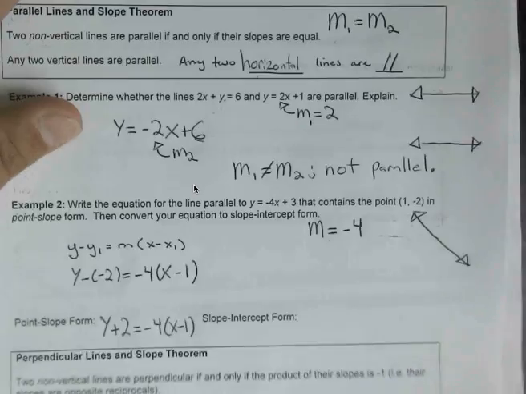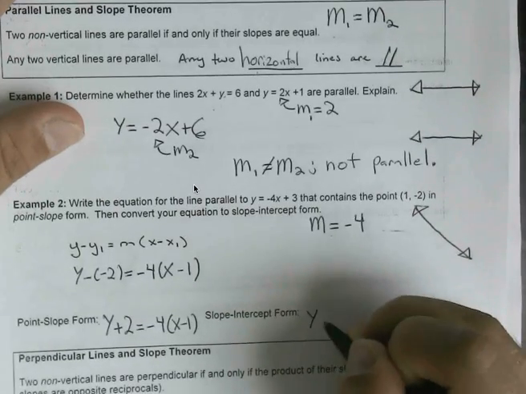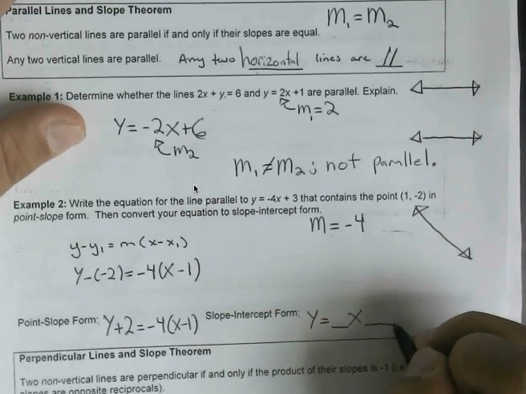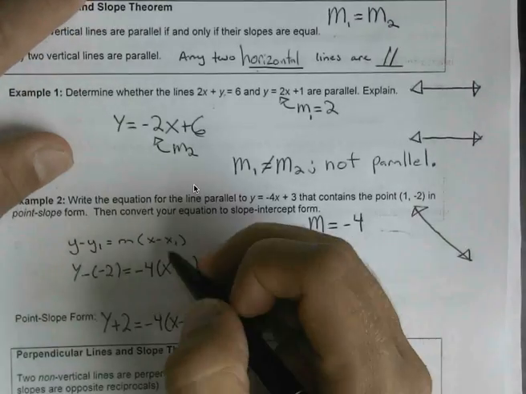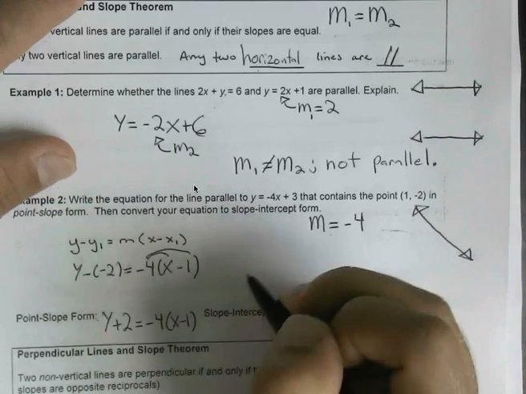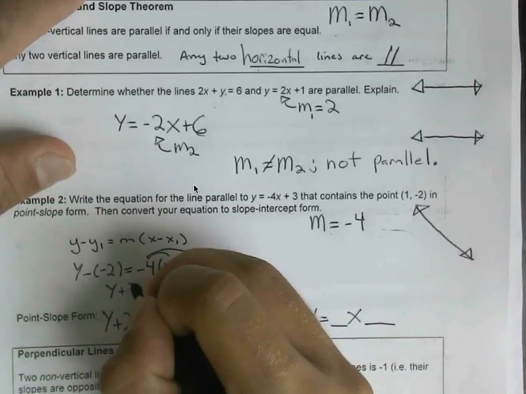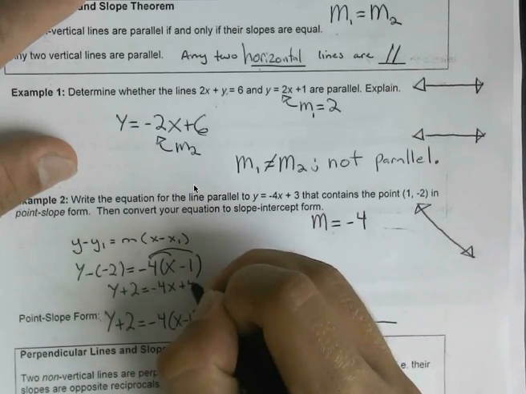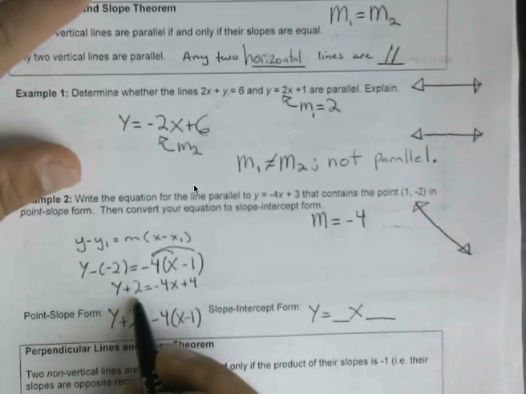And to go to slope-intercept form, we know this is going to be y equals some slope times x, and then the y-intercept. So let's distribute this negative 4. We can get rid of that. And what can we do to solve for y?